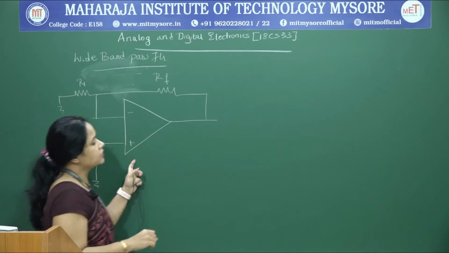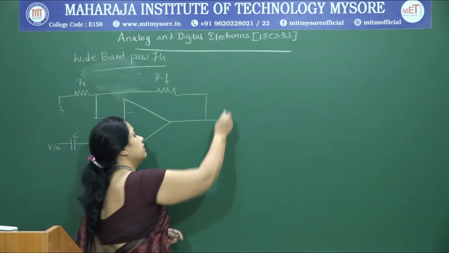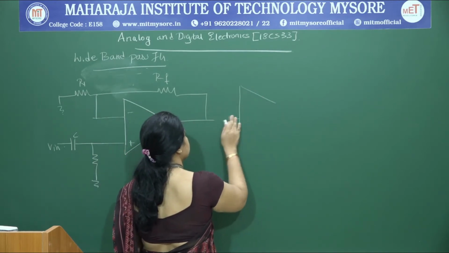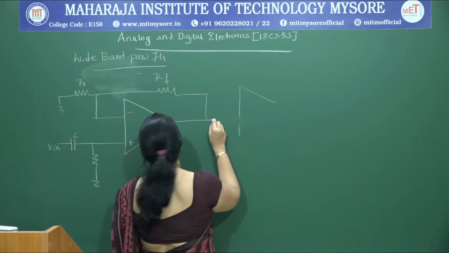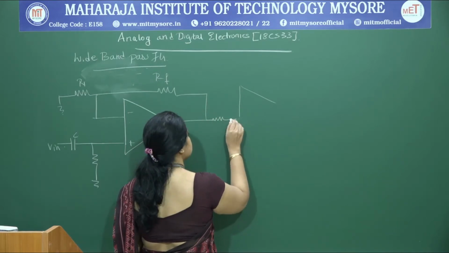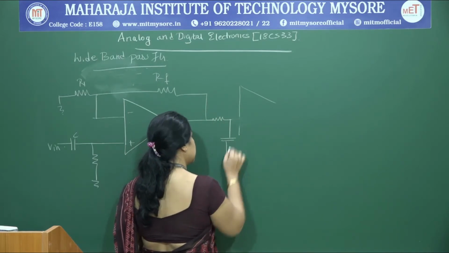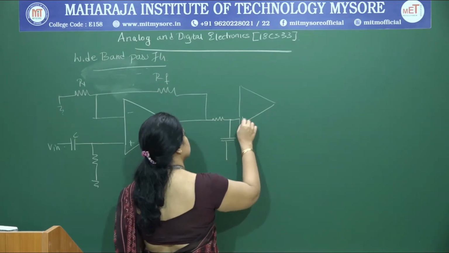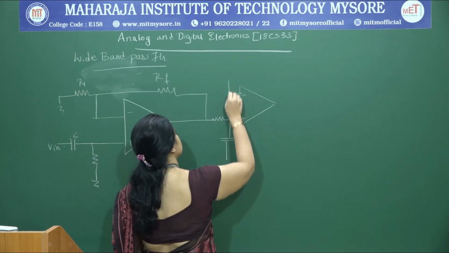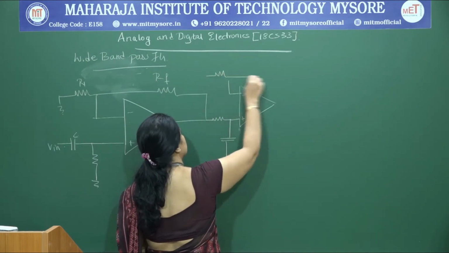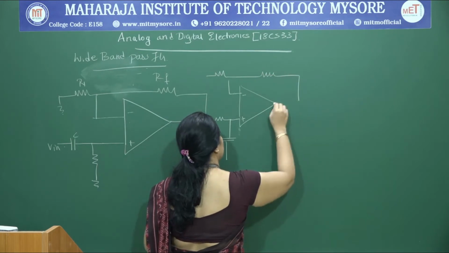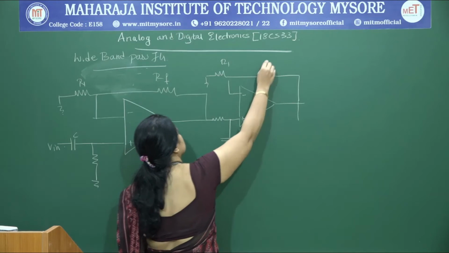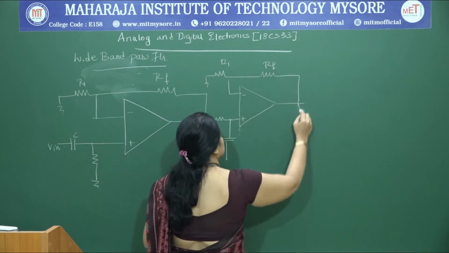The output of this high pass filter is given as input to the low pass filtering section. We have a low pass filter as resistance in series and a capacitance in parallel. Again in the feedback section we have two resistances, R1 and RF, providing the required gain. So, here is your output.